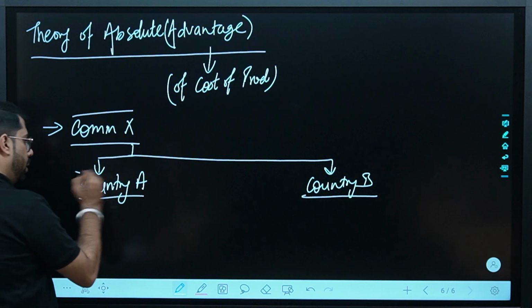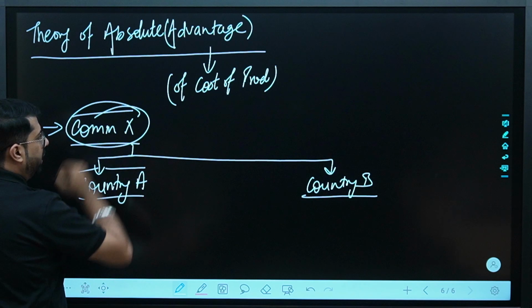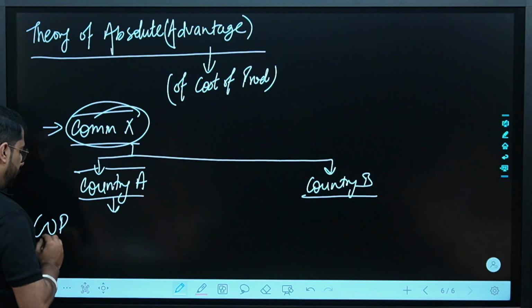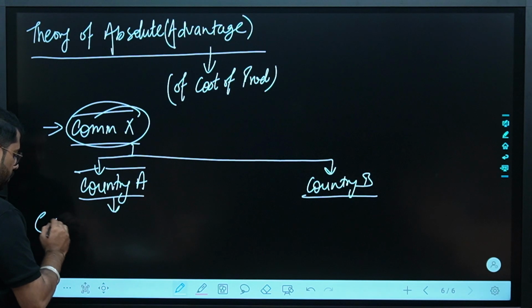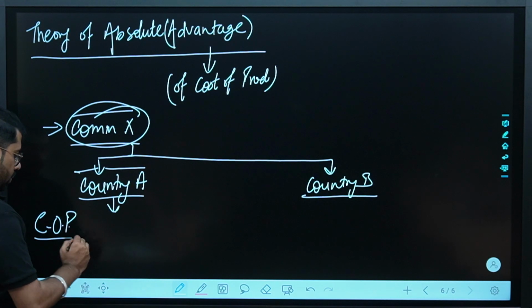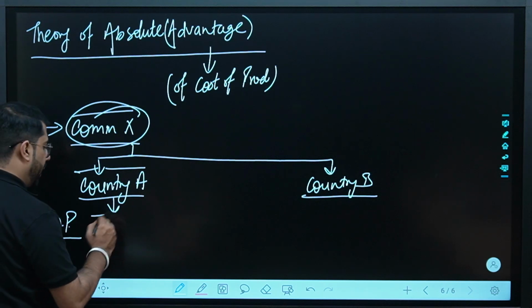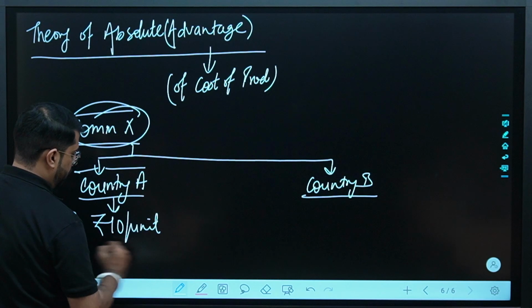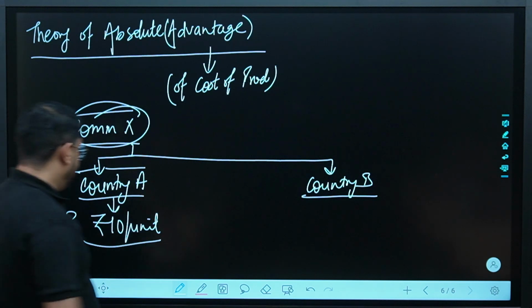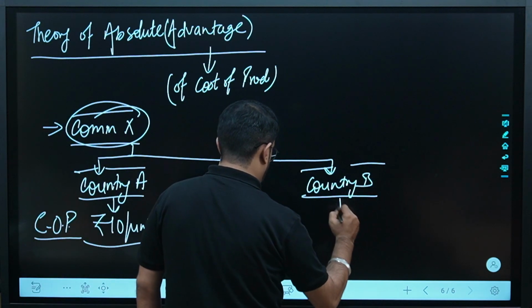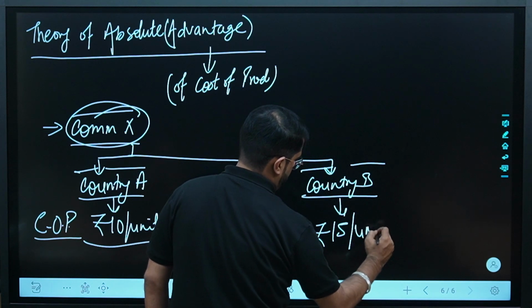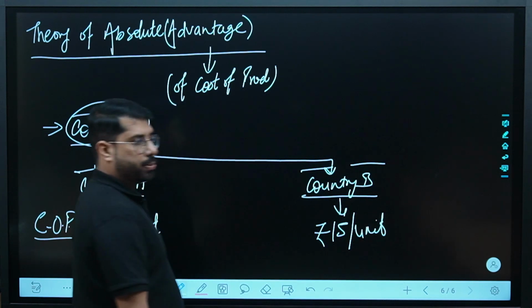Country A producing commodity X, the cost of production, COP for country A, let us say it is 10 rupees per unit. Country B, the cost of production is 15 rupees per unit.